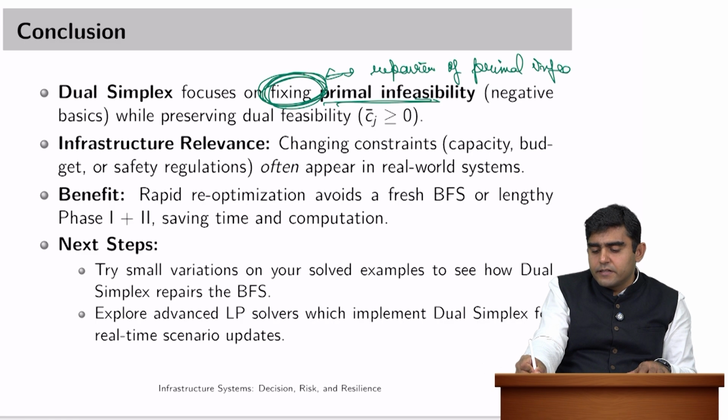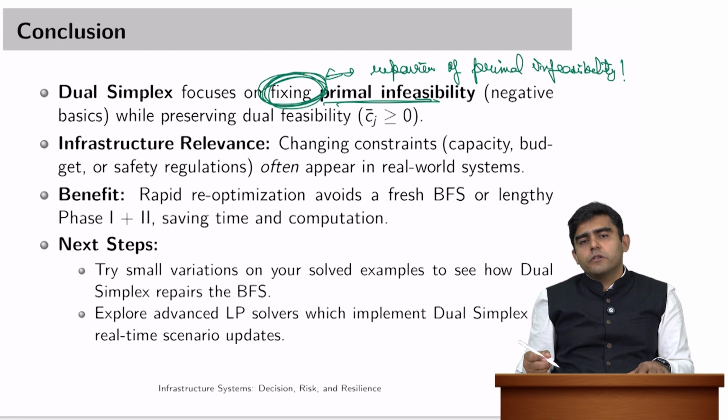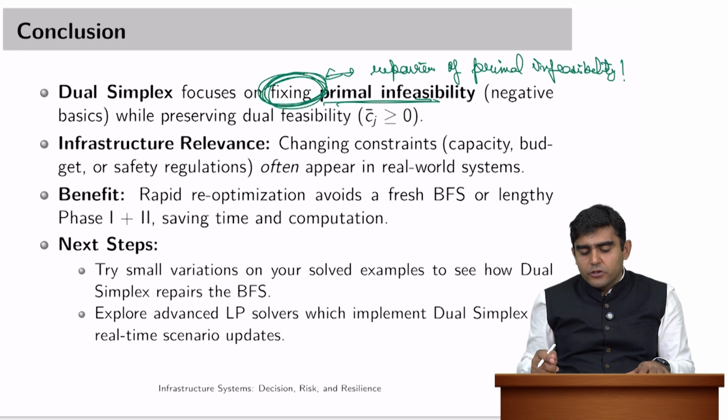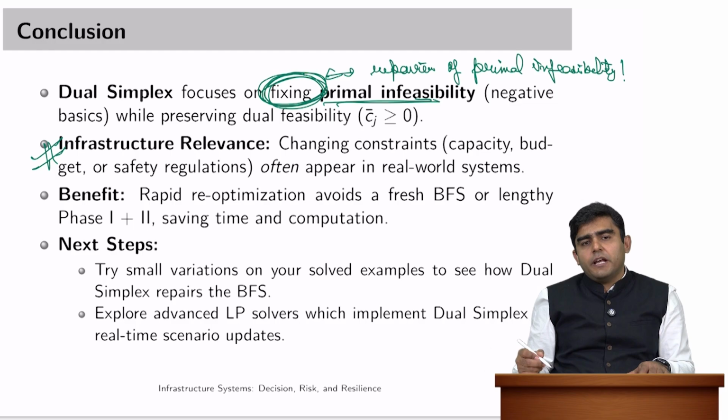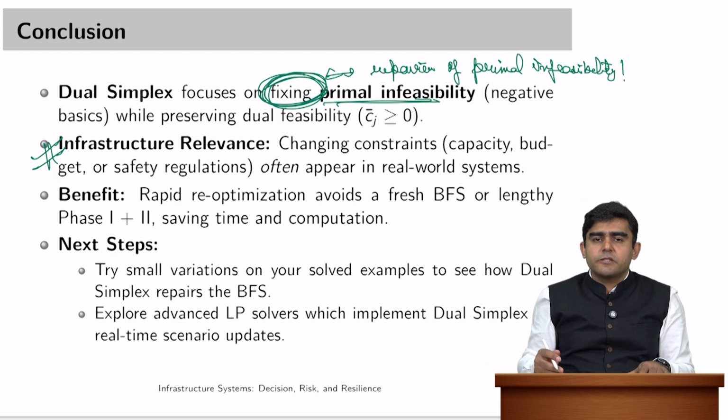If this funda is clear, it becomes easier to appreciate why dual feasibility should be studied hand in hand with primal methods of solution. It has great relevance for infrastructure managers and planners, where constraints keep on changing all the time, slacks may get more and more tightening and so on.